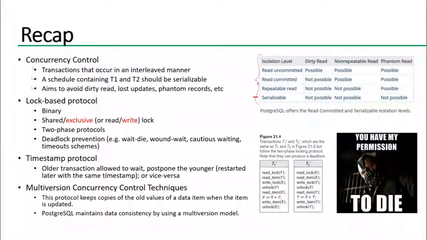If you are curious about other databases, you can do your own research. But it's important to know that there are different levels of isolation that can be implemented in different databases.